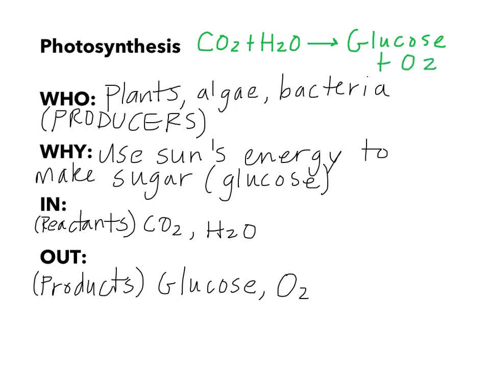Now we're forgetting one thing in our reactants here, and it's not really a reactant, so that's why I didn't write it in. But don't forget that we do need the sunlight, so we need light to get this reaction started. Of course, your plants all need light to grow. So light is the stimulant to this whole process.